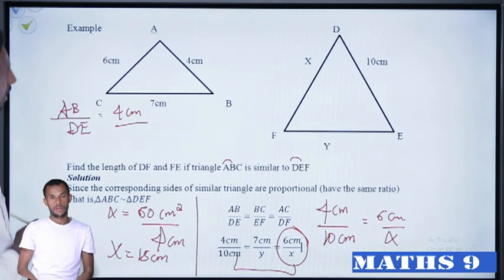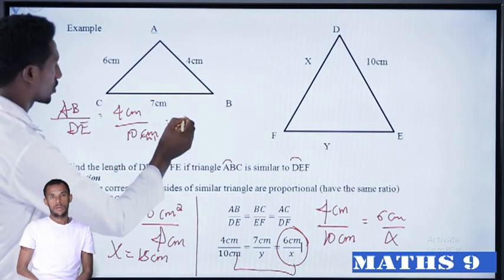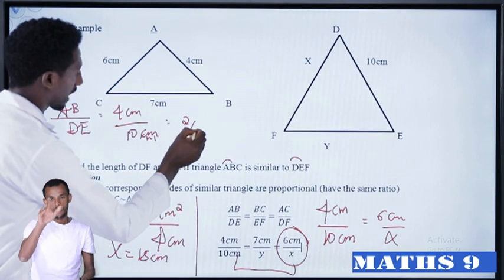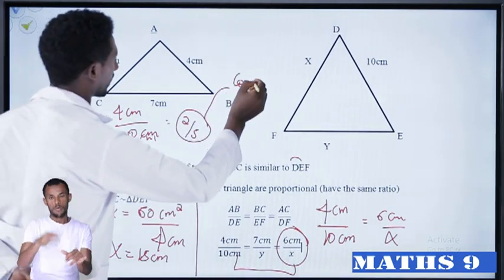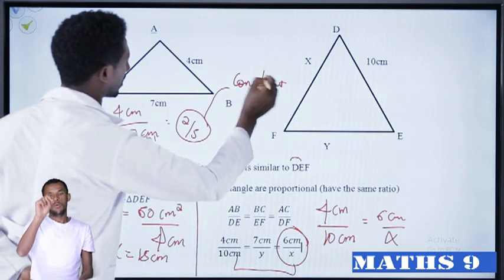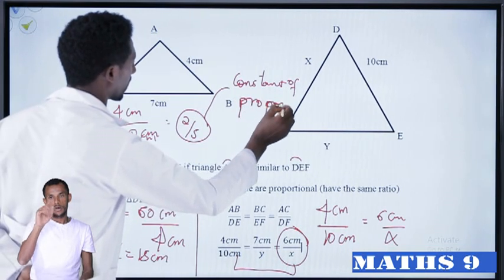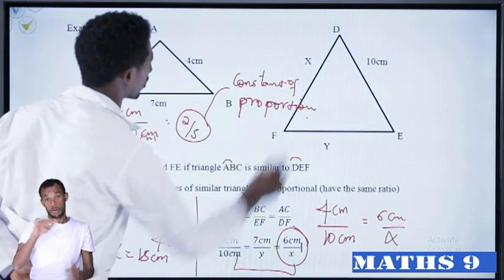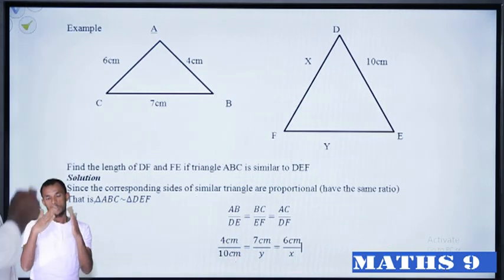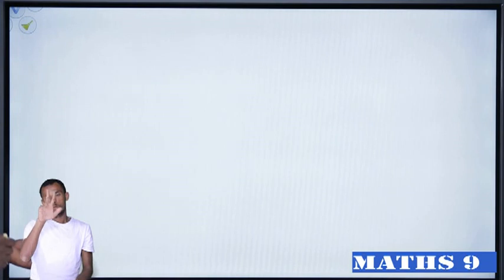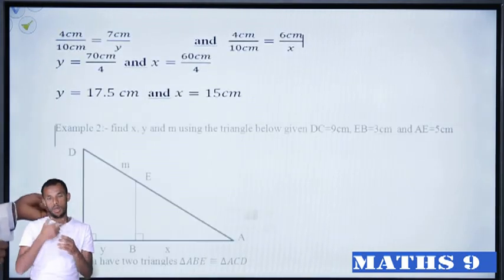DE is 10 centimeters, which is equal to 2 over 5. This is called the constant of proportionality. Every pair of corresponding sides will give this ratio, which is 2 over 5. These are already the values that we have computed above.